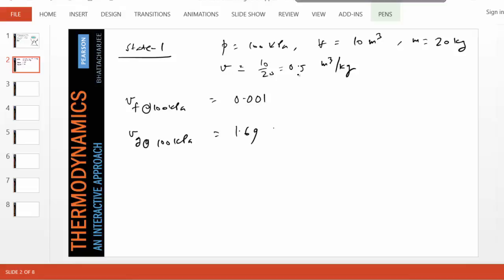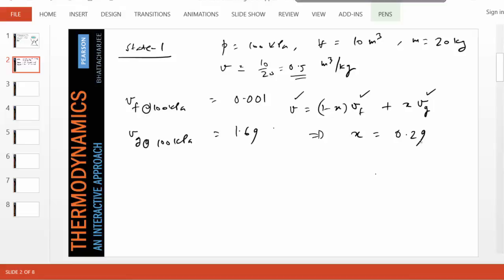Obviously, we have a phase change fluid because v is 0.5. So v, which is 1 minus x times Vf plus x times Vg, is a weighted average of Vf and Vg. Now we know Vf, Vg, and v. Once we substitute, one equation, one unknown, and this produces the quality x to be 0.29.